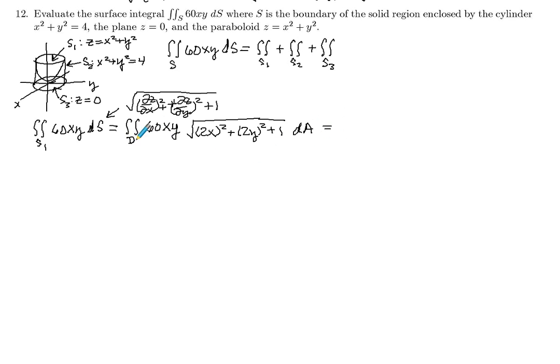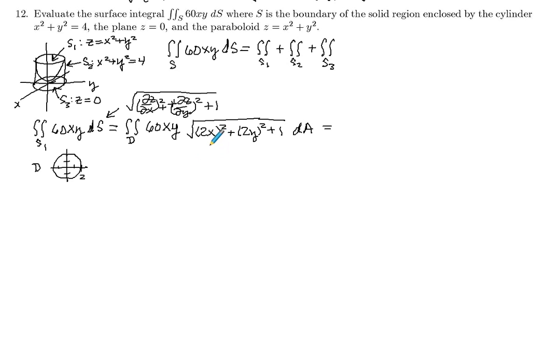Okay, so our domain of integration, D here, when we project down, this is just the circle of radius 2, right? That's D. And this is a nice region in polar coordinates.